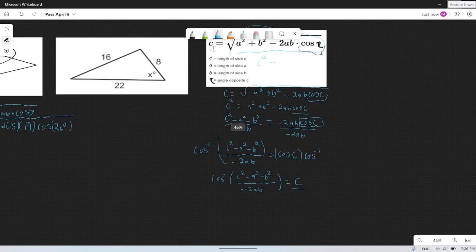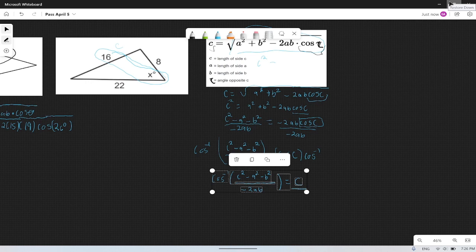So in this case our angle is X, and our side length, we can just call it C, is the side length that is opposite to our angle. That's just the key part of setting this up. So now we just basically put that into our formula here.